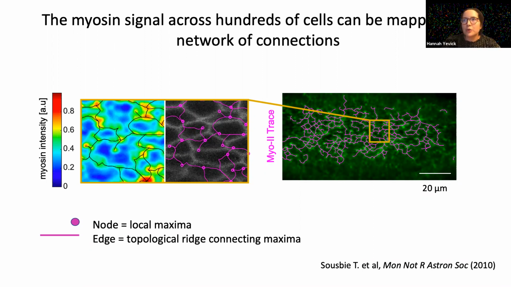I'm just showing you in the inset here what this looks like, where you can see these bright points in red correspond to these nodes in magenta, and these are your myosin nodes, and then you have the edges connecting them. So what we can now do is map out the entire myosin network of connections across tissue and over developmental time.